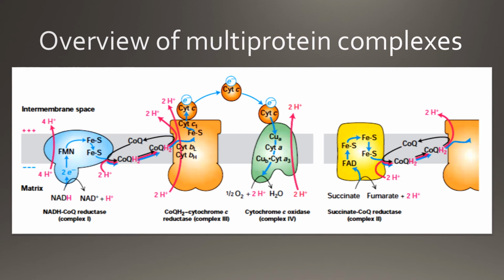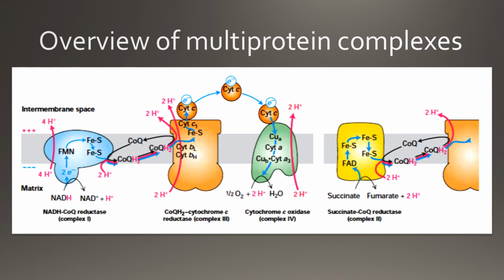Here I am giving you the overview of the multi-protein complexes bound to prosthetic groups and associated mobile carriers in the respiratory chain. The blue arrow indicates the electron flow. The red arrow indicates the proton translocation.